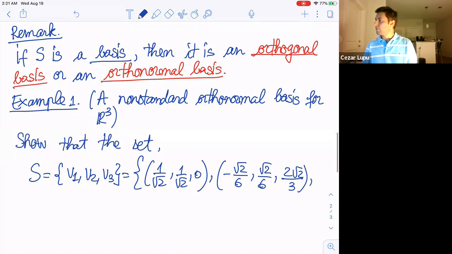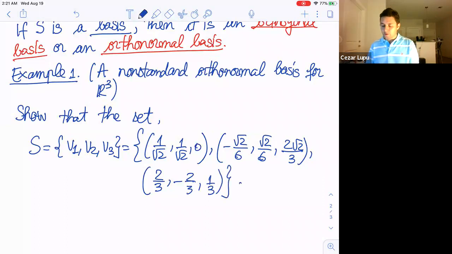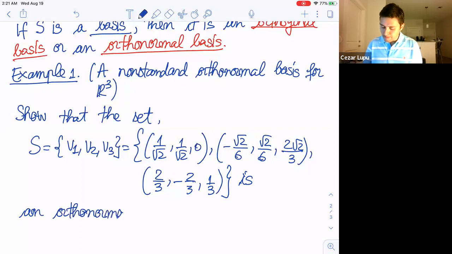And v3 will be 2 over 3, negative 2 over 3, and 1 over 3. Okay, we have these sets. Show that this set is an orthonormal basis for R3.